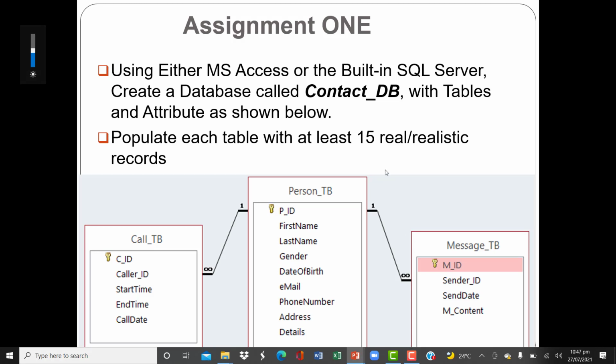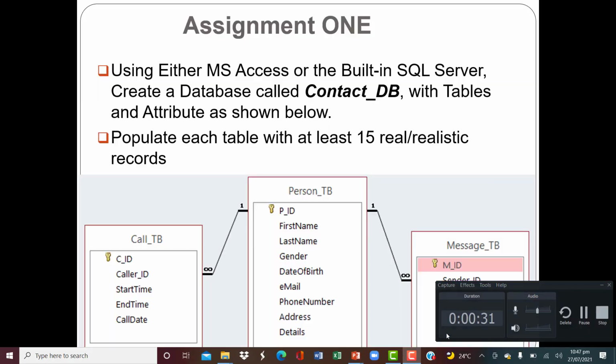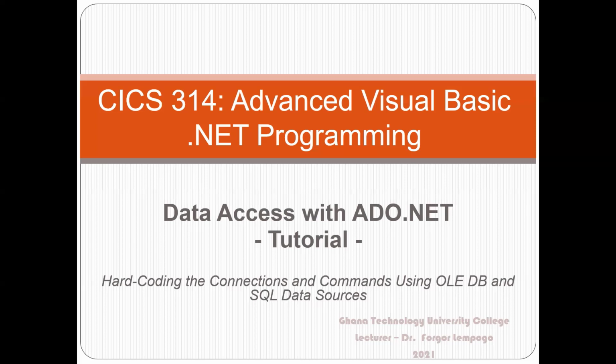So the logic here is that we are going to create something like your contact manager on your phone, where you would have calls coming in, you have messages coming in. Each message will come from a certain contact in your phone, and each call will come from a certain contact.